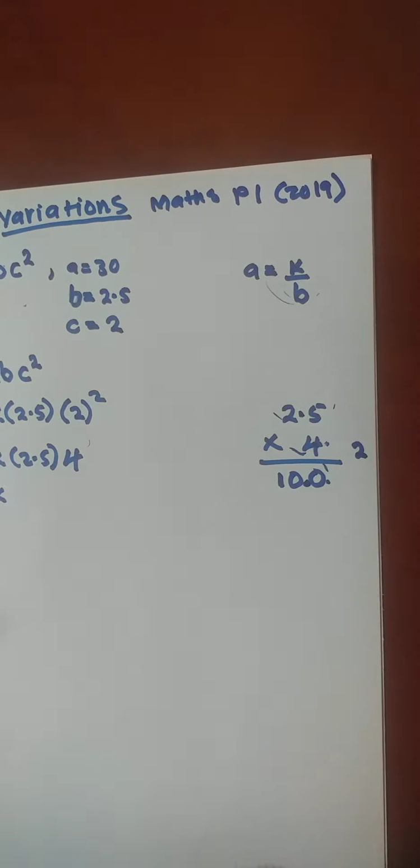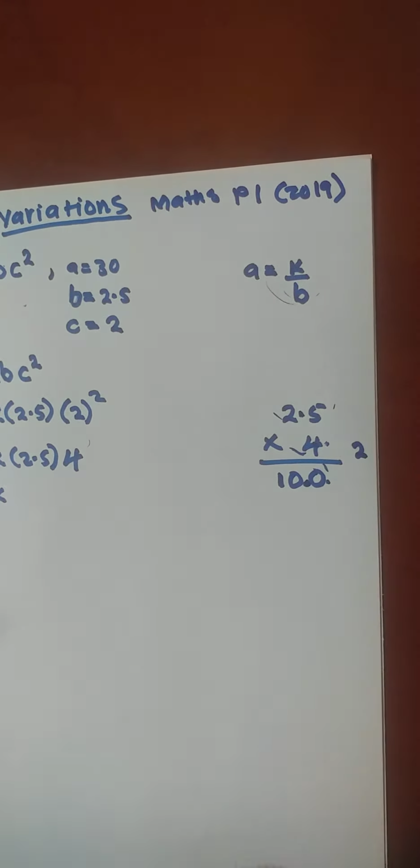Even on the calculator, 2.5 times 4 gives 10, but in the exam you are not required to use the calculator because this is paper 1. So 2.5 times 4 is 10K. Then from there we say 30 is equal to 10K.